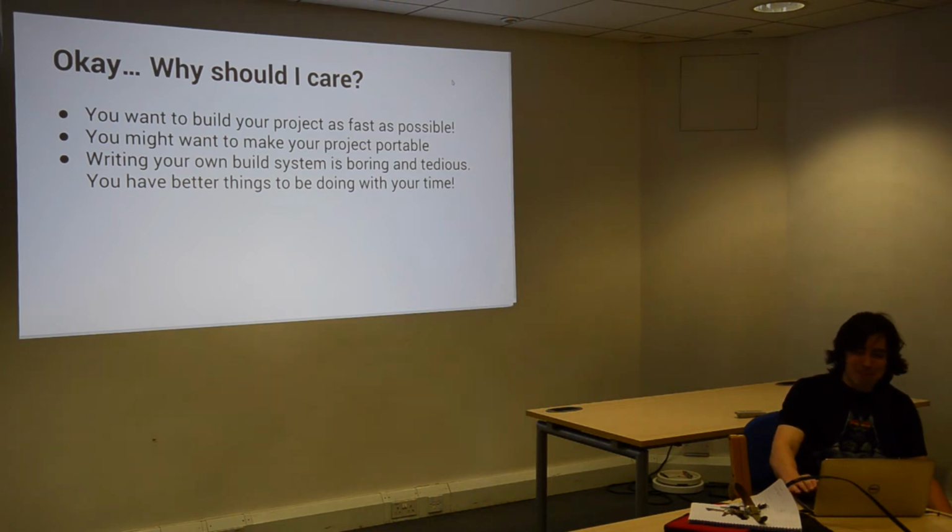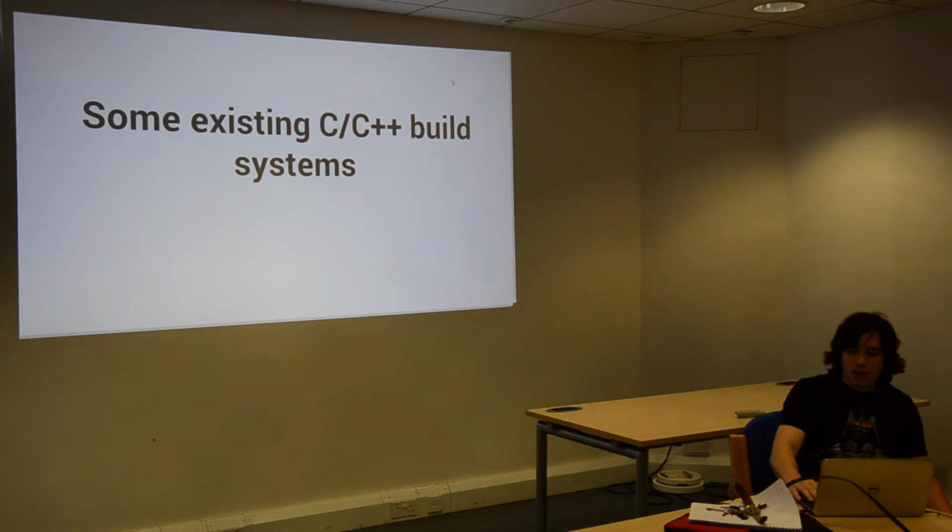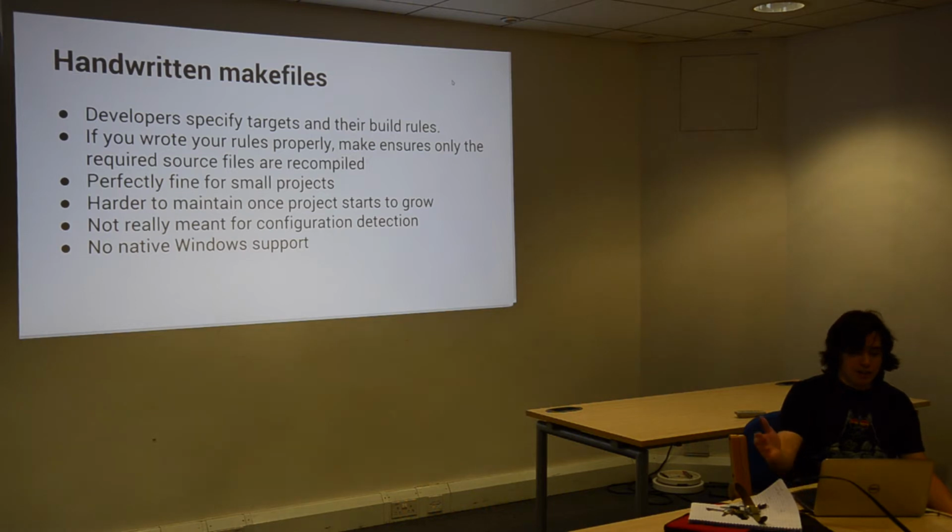Cool. So I thought I'd quickly overview some existing C and C++ build systems, so you know the lay of the land and can see what else is out there. This is not exhaustive, but these are some of the famous ones. As I mentioned, there are handwritten makefiles. You have a file called a makefile, and developers specify targets and their rules.